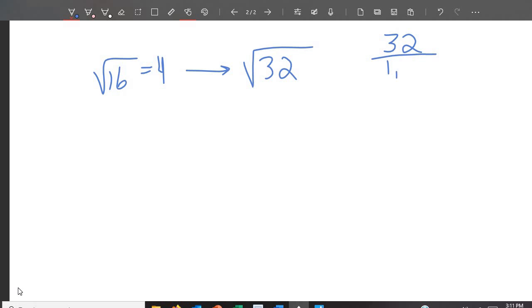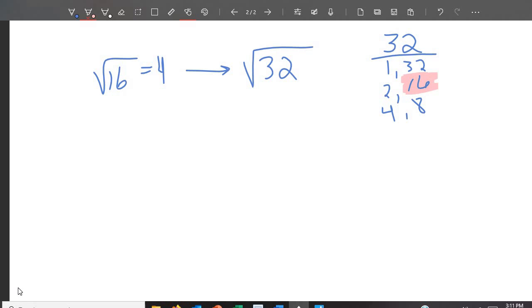So 1 and 32, 2 and 16, 4 and 8. That's it. Now, out of all those numbers, which is the biggest one we can take the square root of? Well, notice I can take the square root of 16.